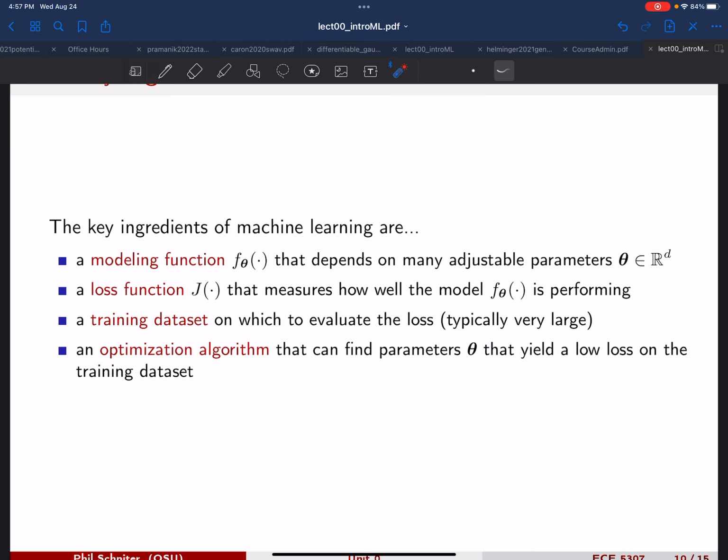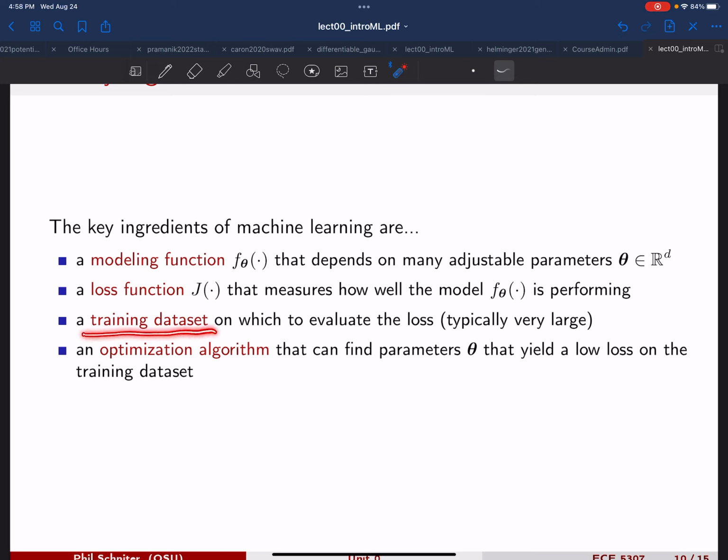Like with the stock market, you could say, this is the actual value, this is what I'm predicting. You want to minimize the difference. You could minimize the squared difference, you could minimize the absolute value of the difference. There are different choices in that loss. But it's some way to concretely say how good your model is performing.